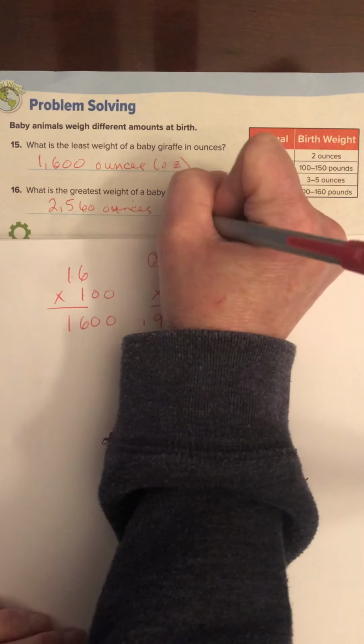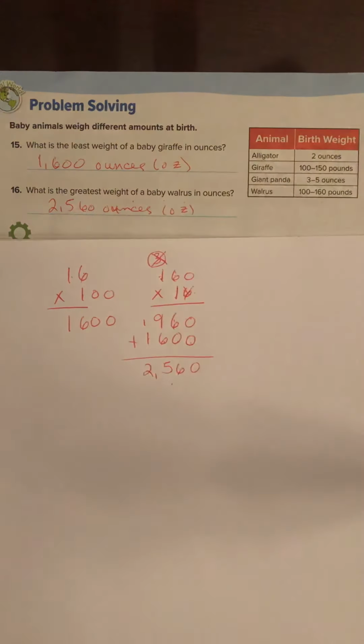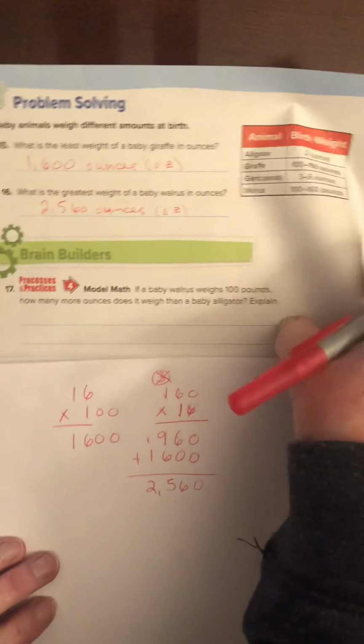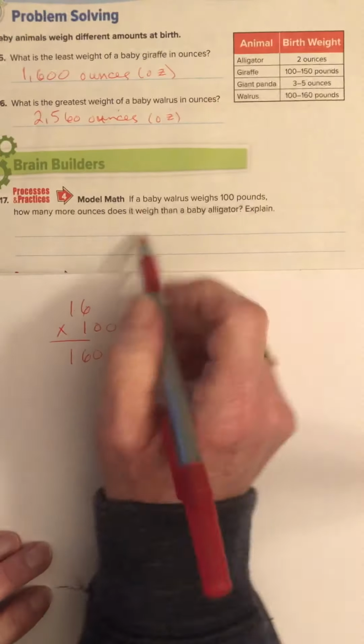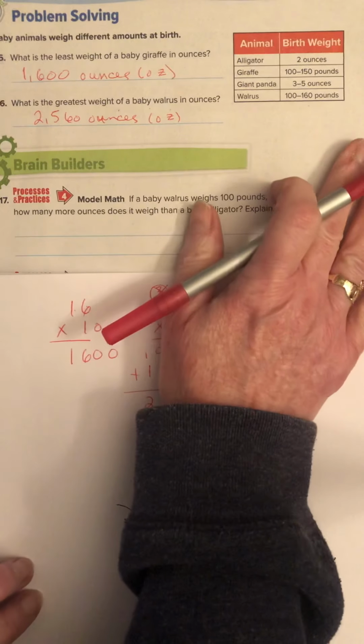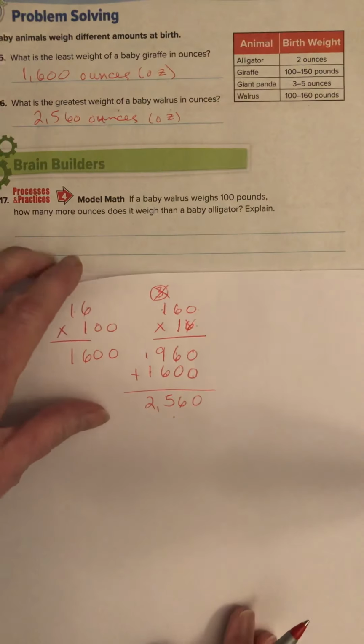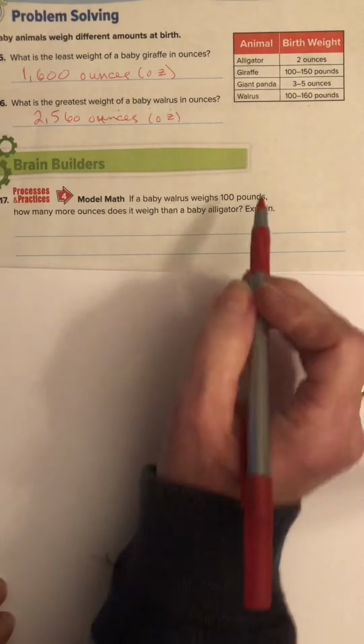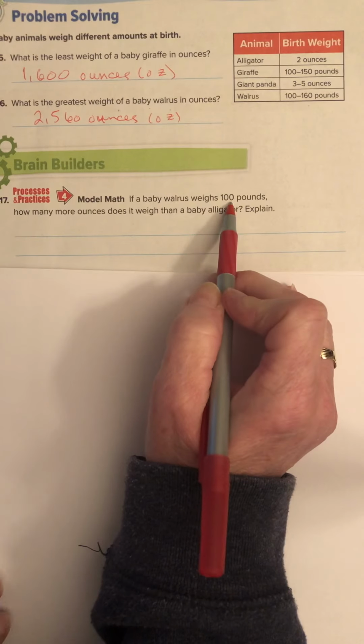Ounces or OZ for the abbreviation. Okay, this says, if a baby walrus weighs 100 pounds, how many more ounces does it weigh than a baby alligator? Okay, so first we need to figure out how many ounces a walrus weighs if it's 100 pounds, right?